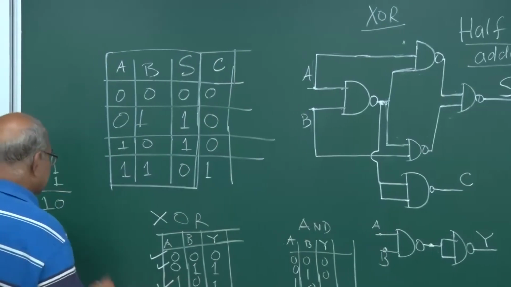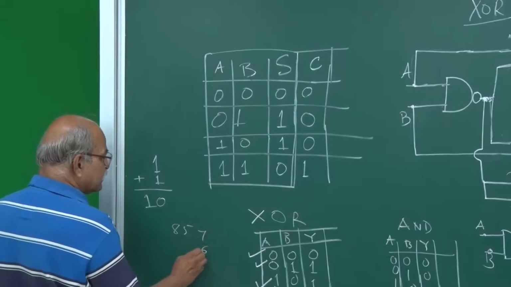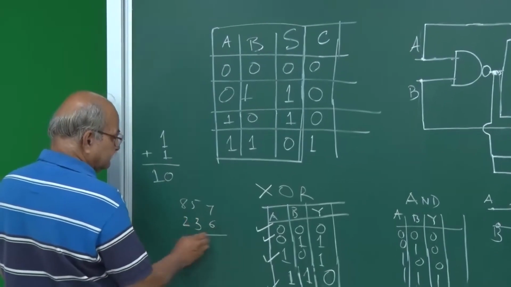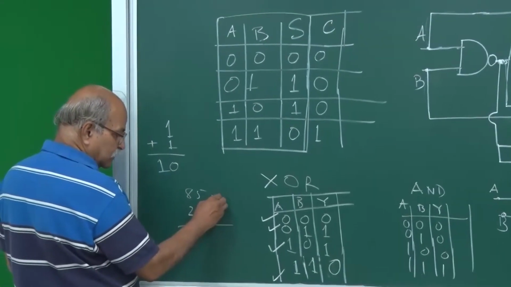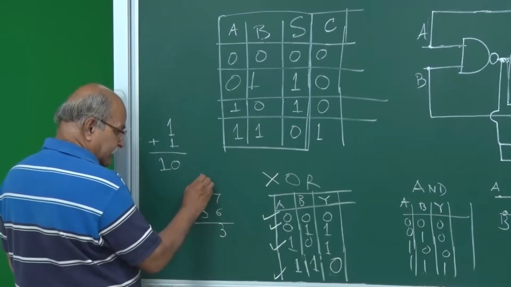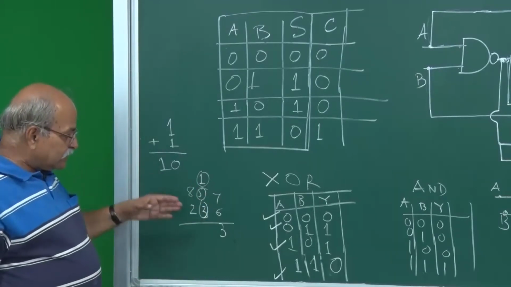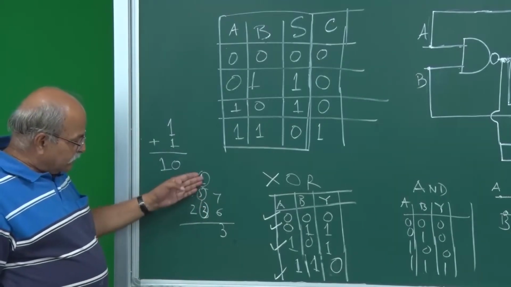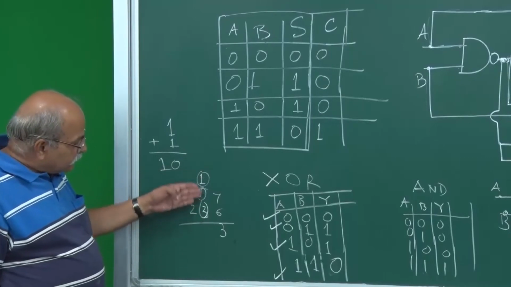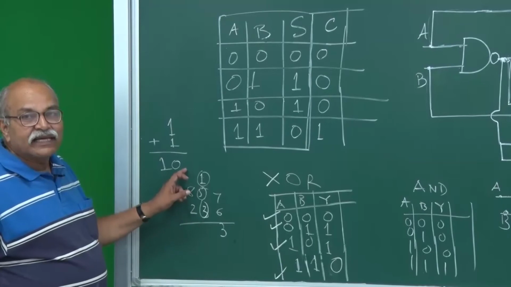So if you have in decimal also, if you have something like this, then you put 7 plus 6 is 13, so this is the sum and this is the carry. Now you have to add all these three. So the full adder means there are three inputs A, B and C, and they are some operations are done, and then a sum is created and a carry is created.